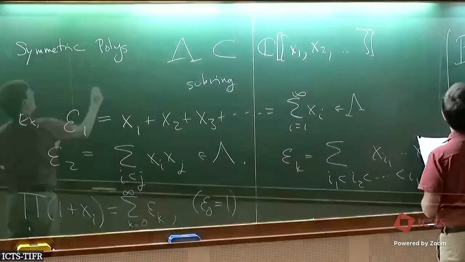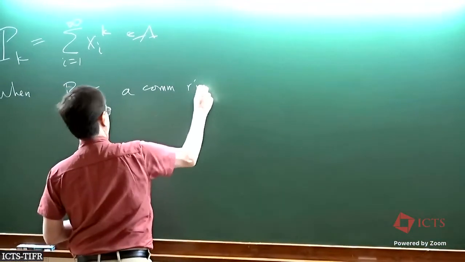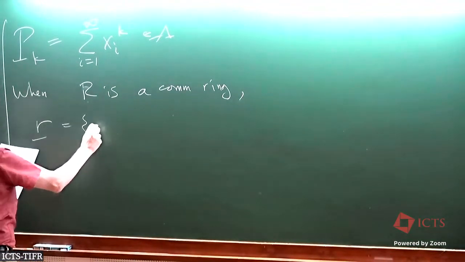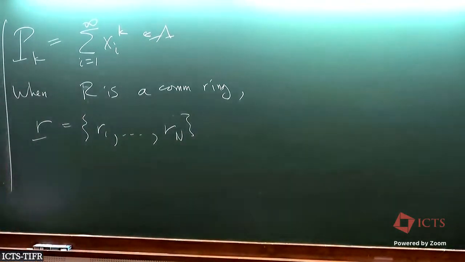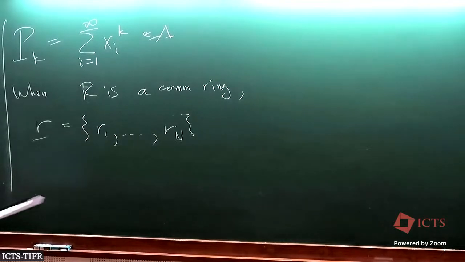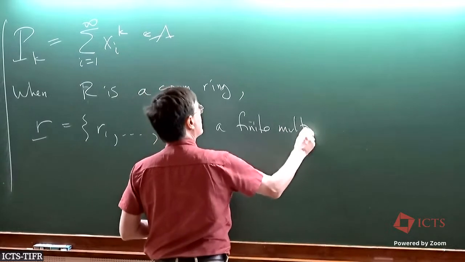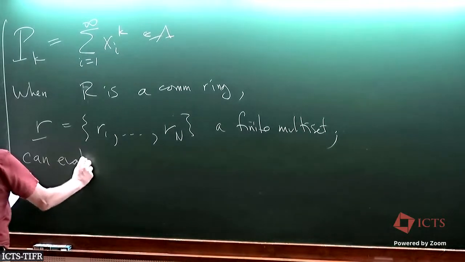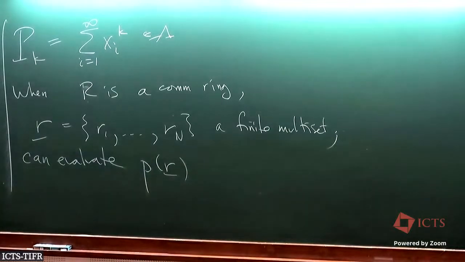Okay, and when R is a commutative ring, and I have some finite multiset on R, so some sequence with maybe multiplicity, I can evaluate any of these symmetric polynomials with infinitely many variables.